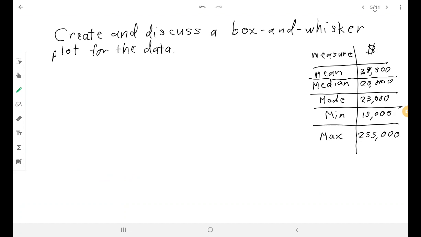Well, sort of. So the things you need for a box and whisker plot are the minimum, the maximum, what we call the first quartile, the Q1, the median, which is the middle number, which is the second quartile, or Q2, and you need the third quartile, or Q3.